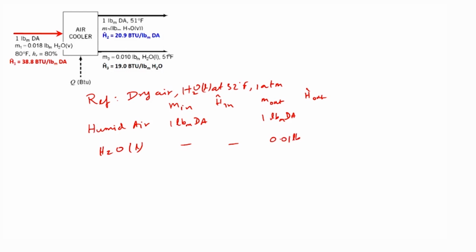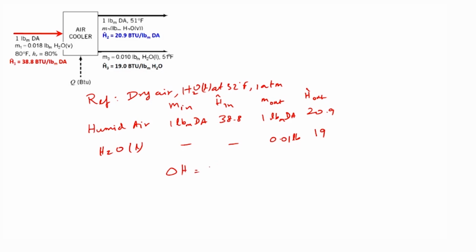Using the calculations which we have already done for the psychrometric chart, we can fill the enthalpy table where this H1 cap would be 38.8 BTU per pound mass of dry air, this would be 20.9 BTU per pound mass of dry air, and this value would be 19 BTU per pound mass of water. Now using this table we can calculate the delta H value.